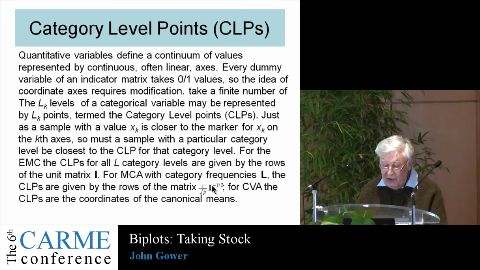The root P is put in there, that's the number of categorical variables. It doesn't matter, it's put in for tidiness sake in the mathematics. For canonical variate analysis, the category level points are the coordinates of the canonical means. So you can deal with categorical variables through these category level points and treat this as a new kind of coordinate system.